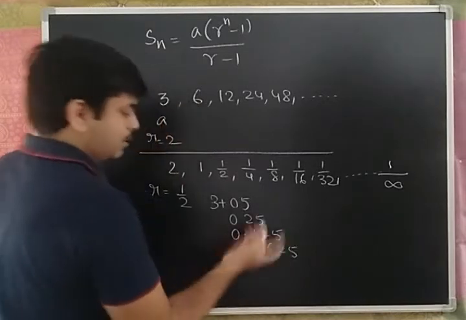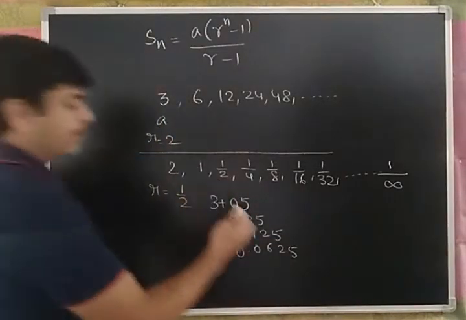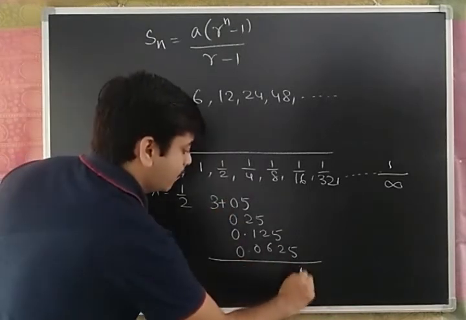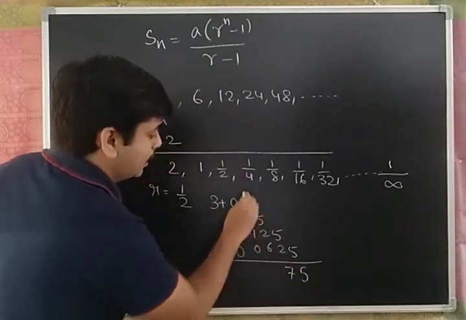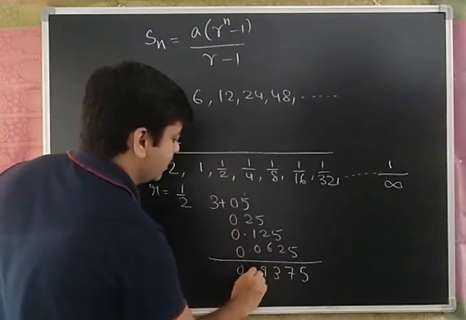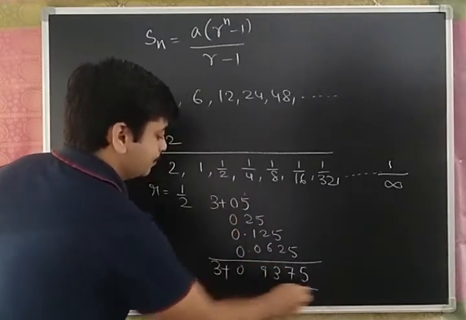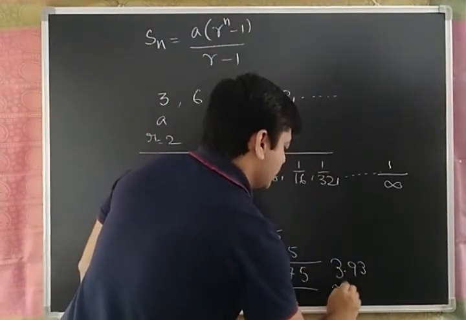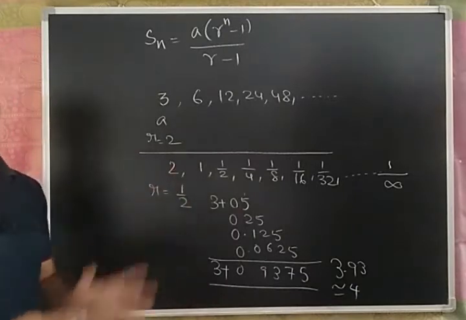Whatever it is, if you go on adding all these, it is around 3.93, or you can say it is near to 4.